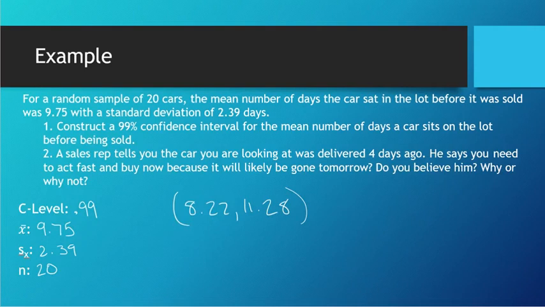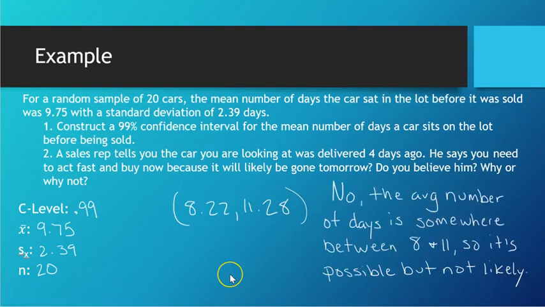A sales rep tells you the car you were looking at was delivered 4 days ago, and he says you need to act fast and buy now because it will likely be gone tomorrow. Do you believe him? Why or why not? I would say no, I don't believe him because he uses this word likely, but the average number of days we know is somewhere between 8.22 and 11.28.